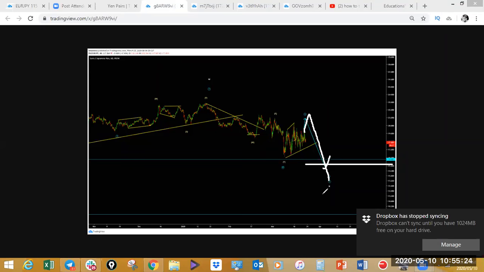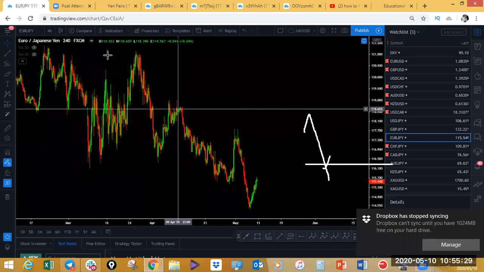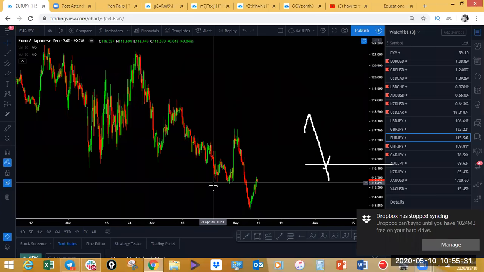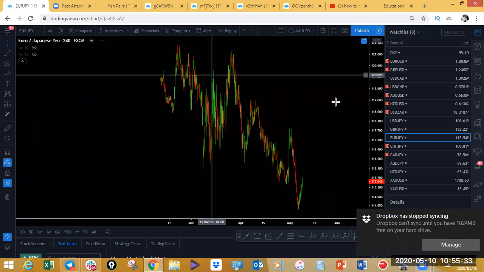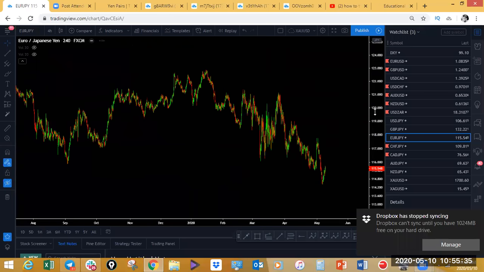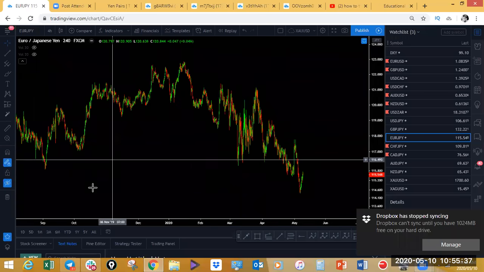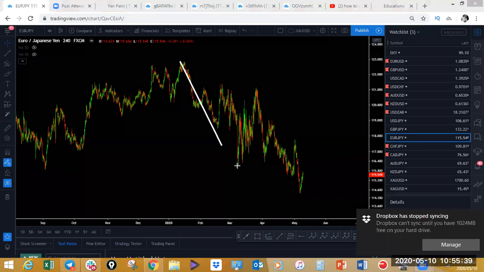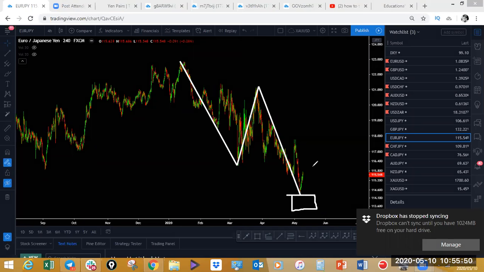Is that the reversal? Let's see whether there will be a reversal or not. EURJPY, I've explained exactly how this relates to CHFJPY. Now, what you're looking at here is 3 waves to the downside. 1, 2, 3. Now, this is at equal legs, and we've got a blue box here. It has made a reversal.